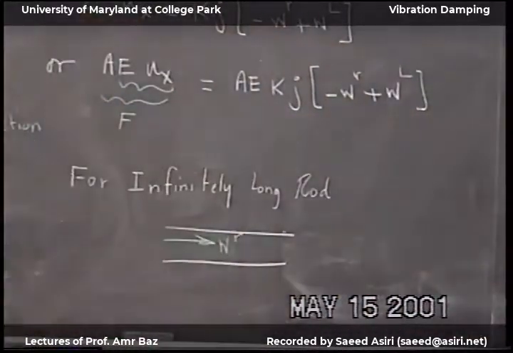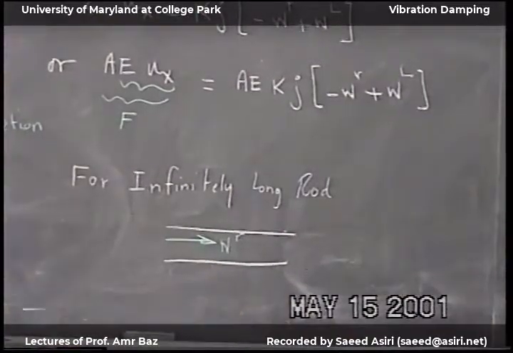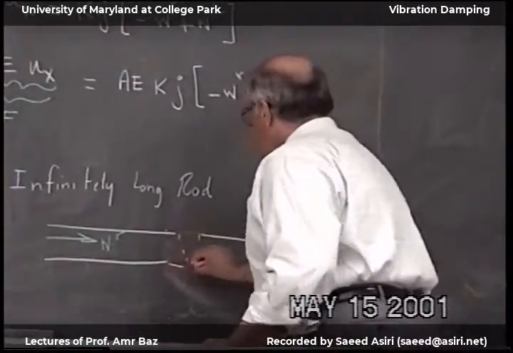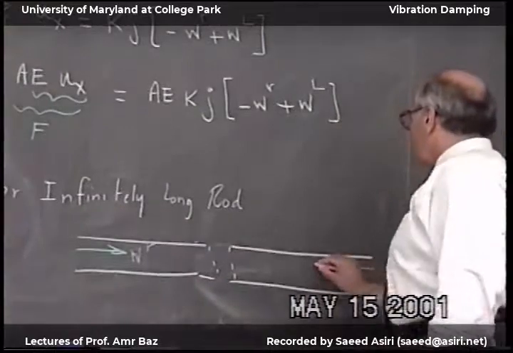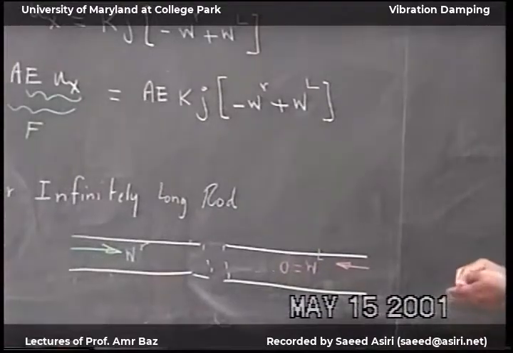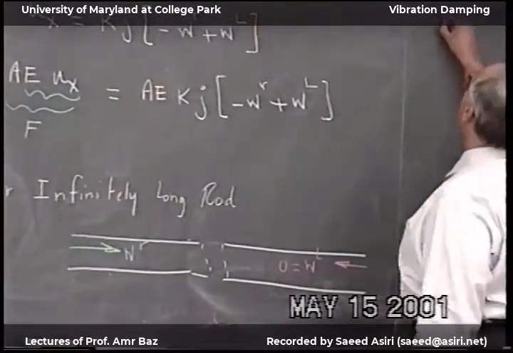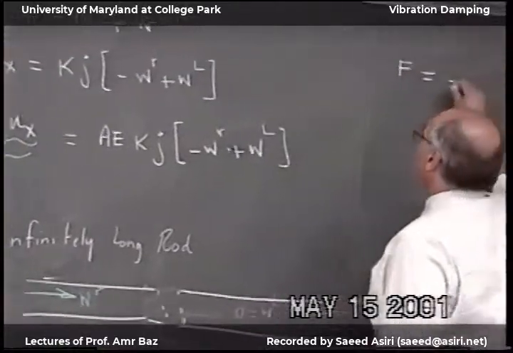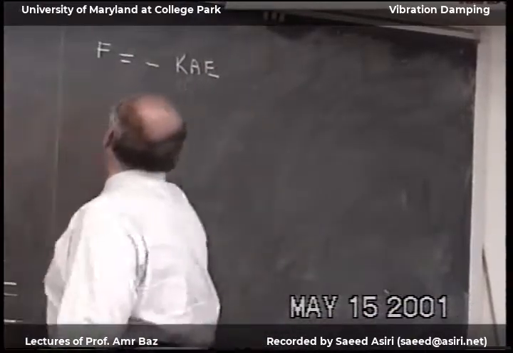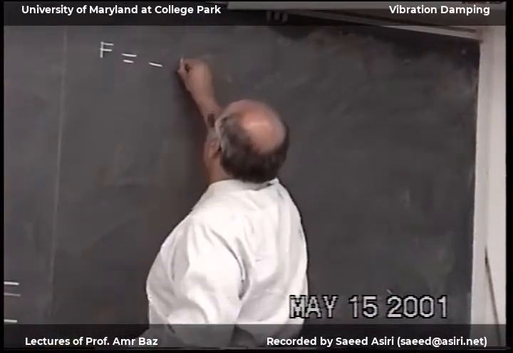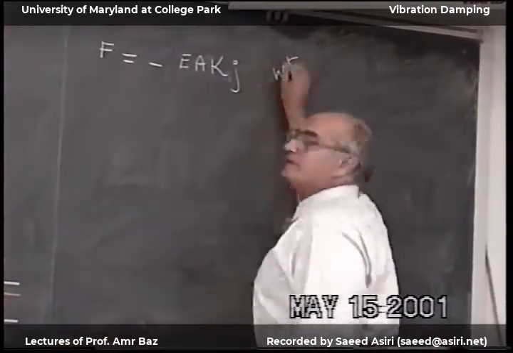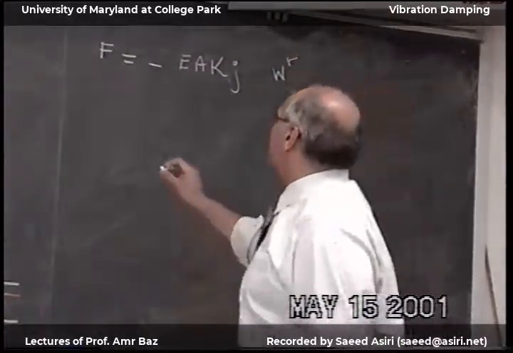So WL is equal to 0. Then now we have the force will equal to minus AK J WR. And we can look at this ratio.